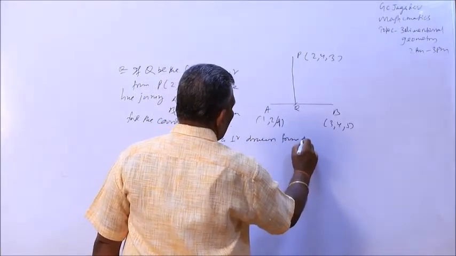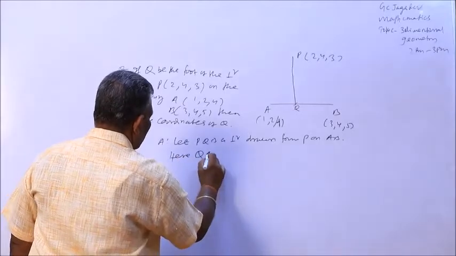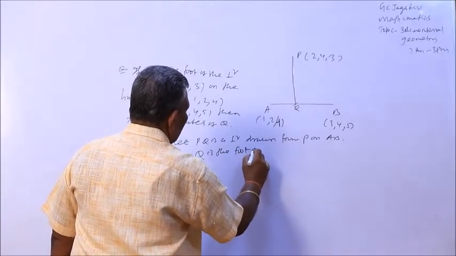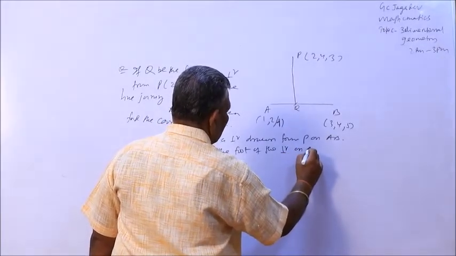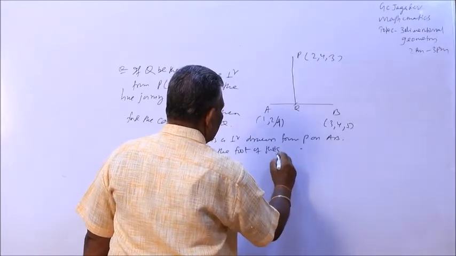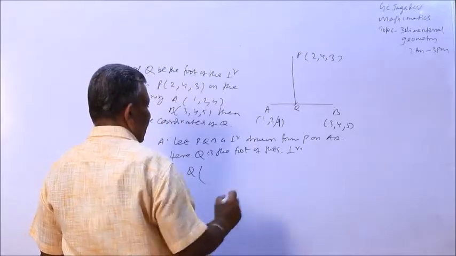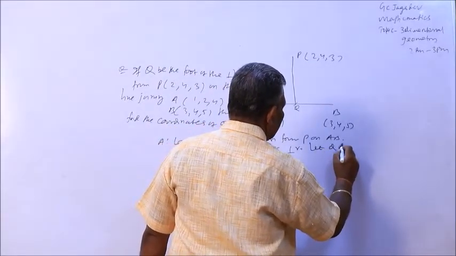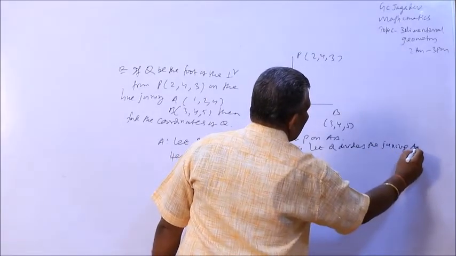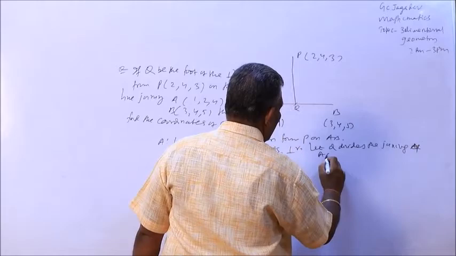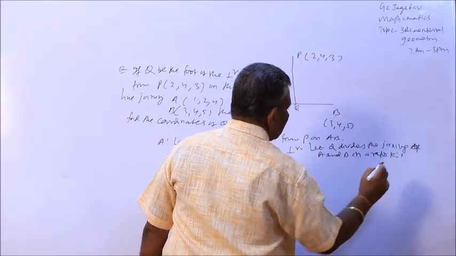So, let PQ be a perpendicular drawn from P on AB. Here Q is the foot of the perpendicular. Let Q divide the joining of A and B in a ratio k is to 1.